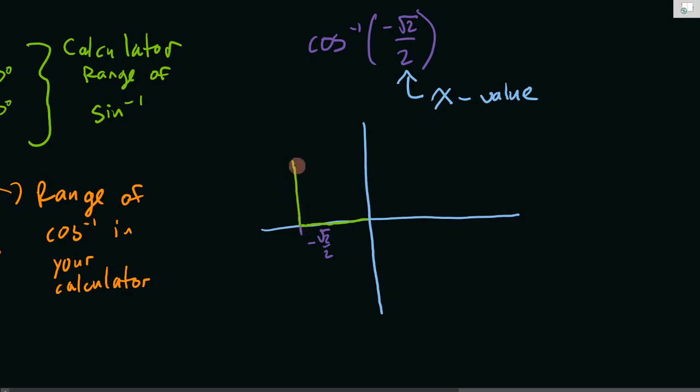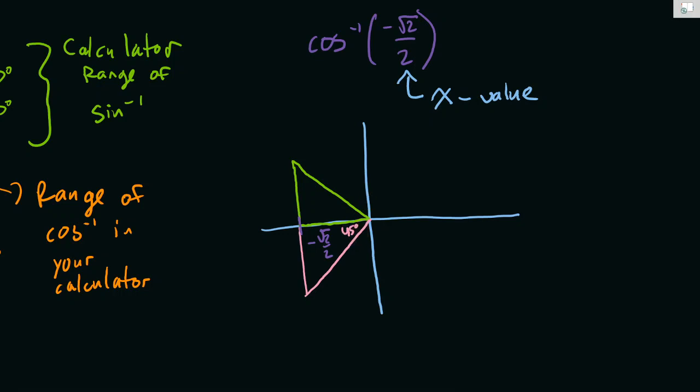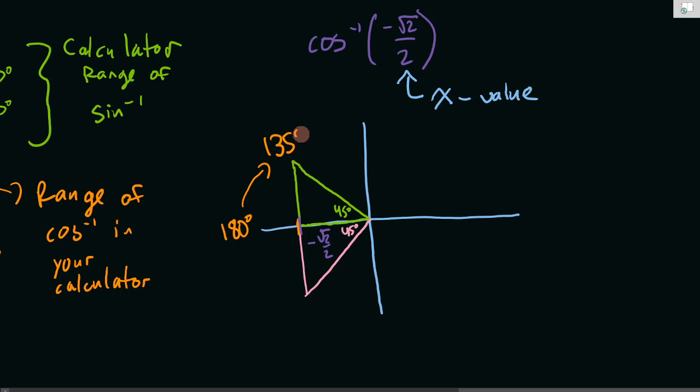We get one triangle up here, and we get the other triangle down here. And since it's √2/2, I know these are both my 45-degree triangles, right? So that's 45 degrees in here, and that's 45 degrees in here. And they're both coming from 180 because the negative sign is on the left. And so this is 180 minus 45, 135 degrees, or 180 plus 45, which is 225 degrees.